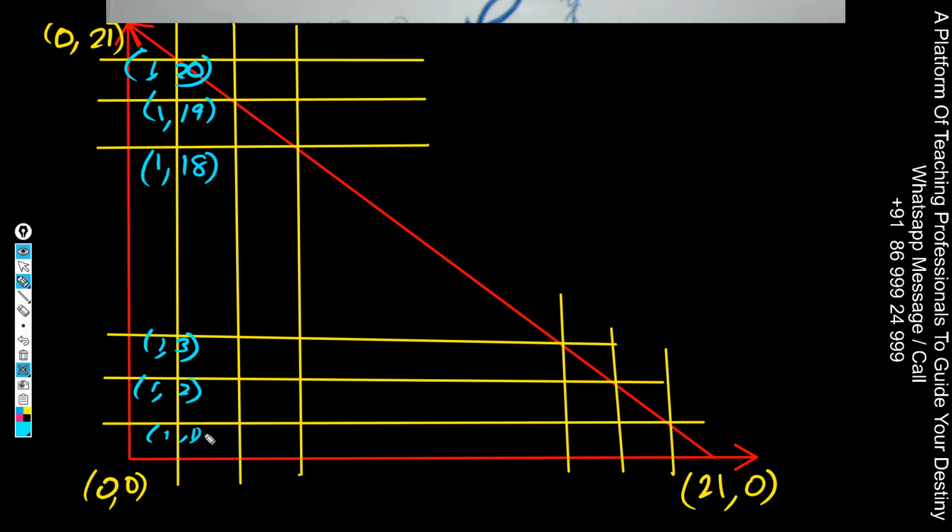So how many points are there on this line? 1, 2, 3, and so on up to 19. 19 points are there for x equal to 1. I'll change the color.